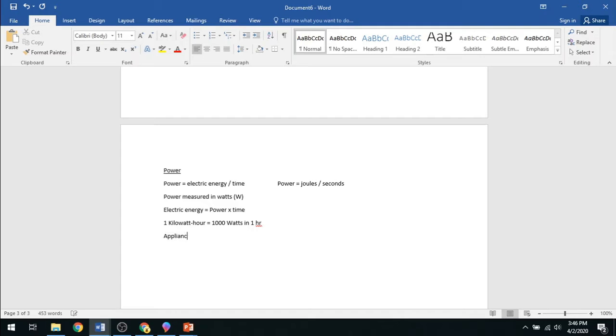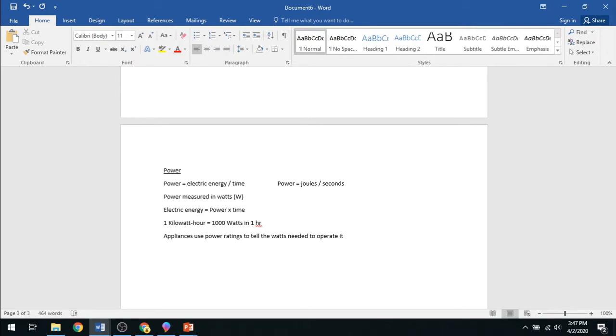So appliances use power ratings to tell the watts needed to operate it. Also, the electric company will measure how much electricity you use in watts. They use power.